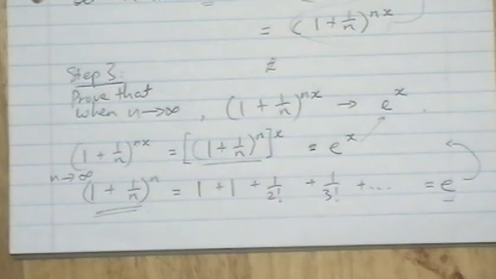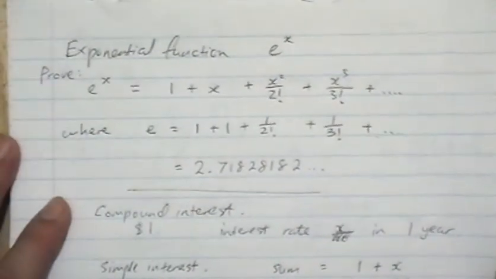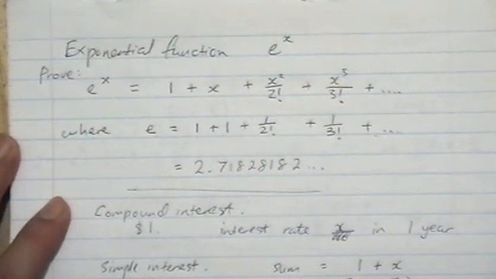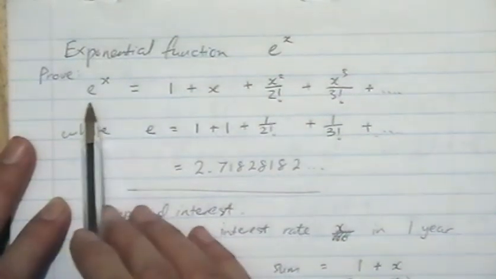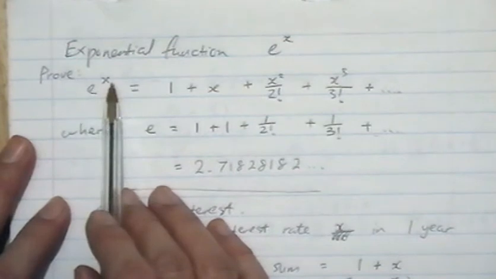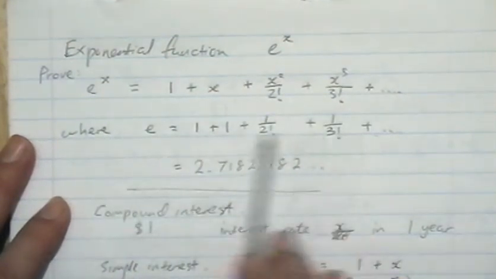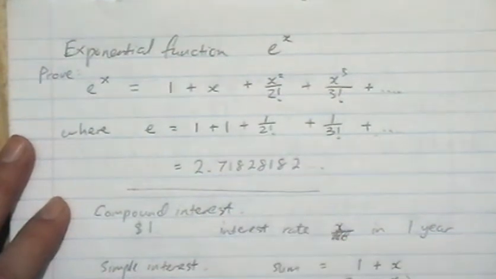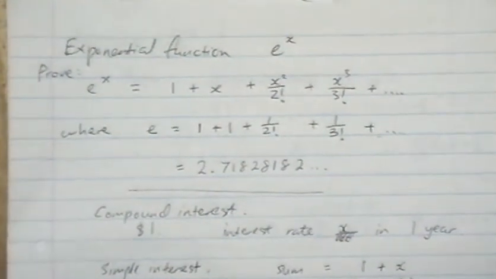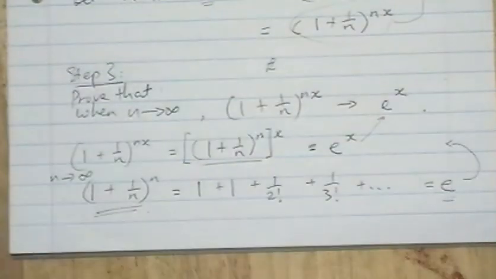Let's look back at the original question and see what it is that we need. We want to prove that e to the power of x is equal to this series, where e is equal to this. Right? And let's look back at what we've done.